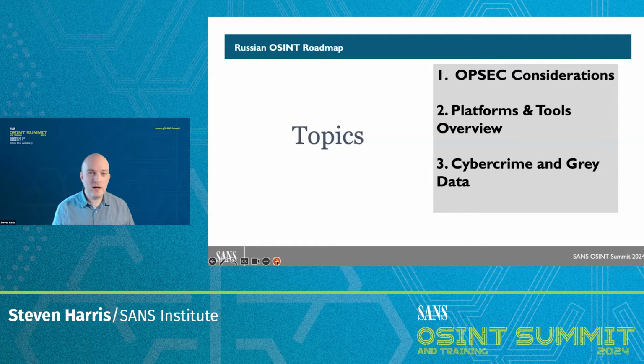Then we will look very briefly at some of the key Russian platforms and some tools that will help you get started and scaling up your research on some of those platforms. And then finally, we have a small section at the end where we'll just look at the cybercrime environment and what we call grey data, sort of hacked, leaked data, and how that applies particularly to Russia. So this is what we're going to get through.